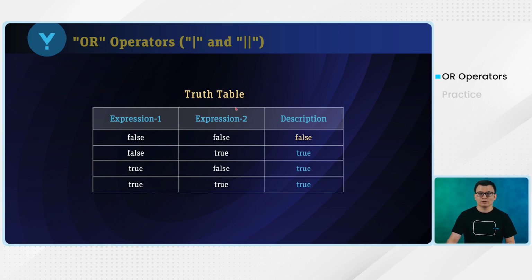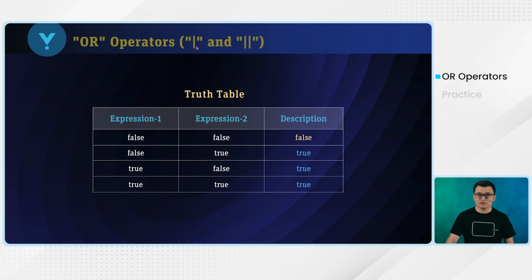Okay. And here's the truth table for the OR operator. If you have two Boolean expressions and both of them are false, that's the only time the OR operator will return false. But as long as one of the expressions or both expressions are true, you will end up getting true when you use the OR operator.